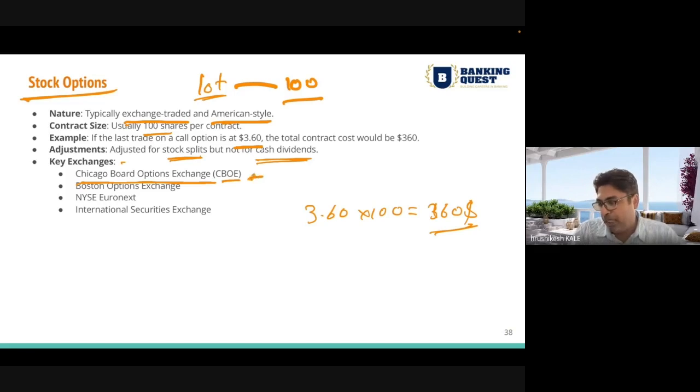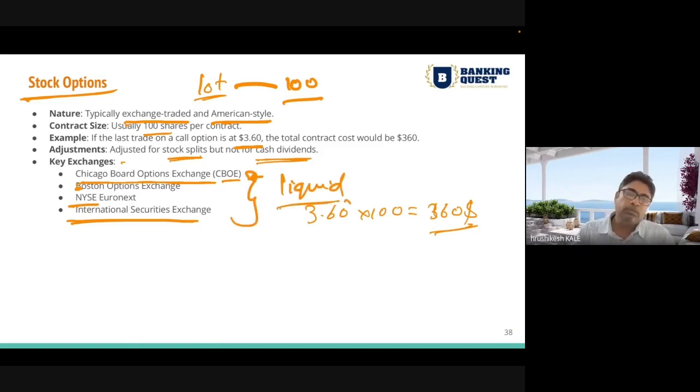And they can trade on any options: electricity, marines, cows, animals, timber, they trade on anything. Then you have Boston, the New York Stock Exchange, Euronext, and the International Securities Exchange. And these are basically the most liquid ones for stock options.